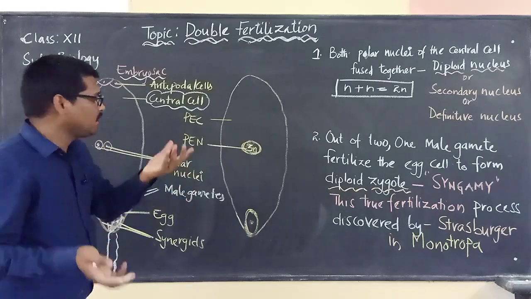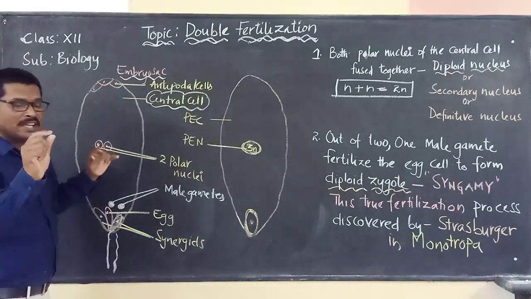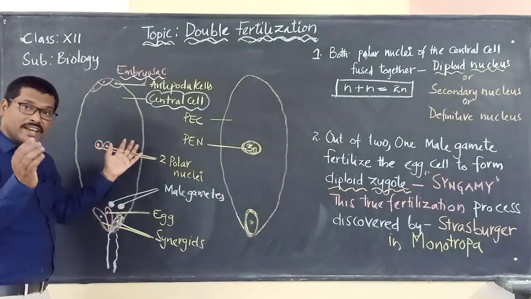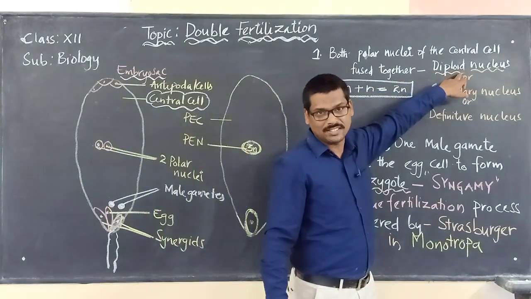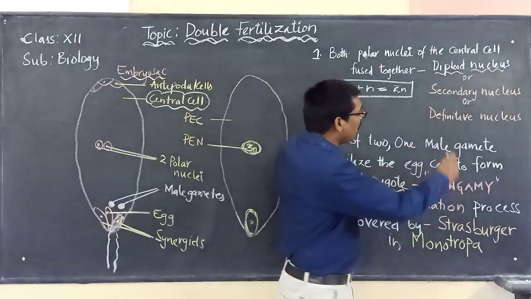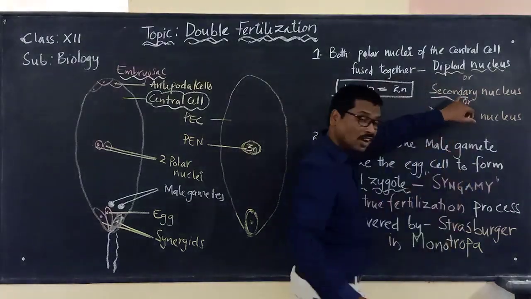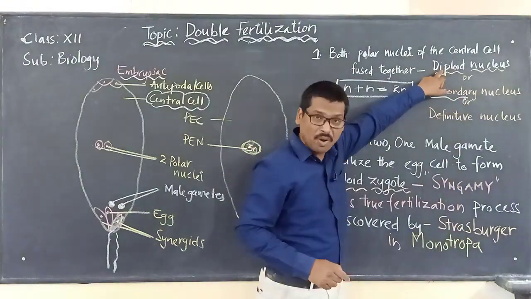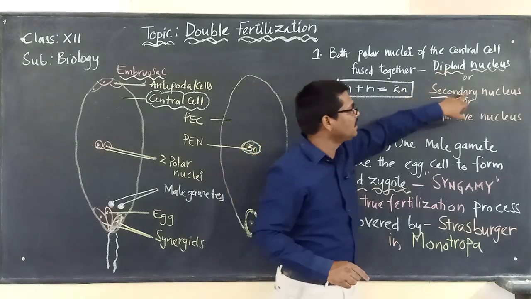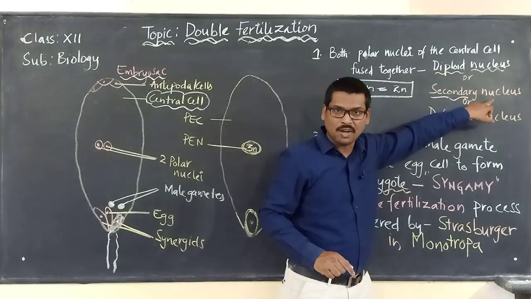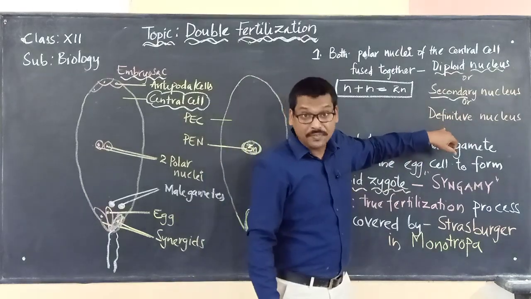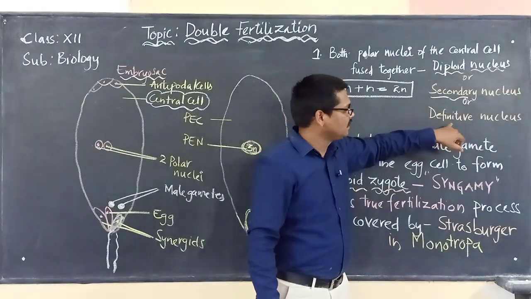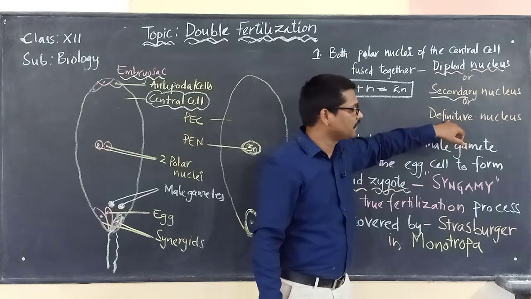What is the female gametophyte? Embryo sac. So inside the embryo sac, the two polar nuclei fuse together, forming the diploid nucleus. This diploid nucleus is also known as the secondary nucleus, or otherwise the definitive nucleus.